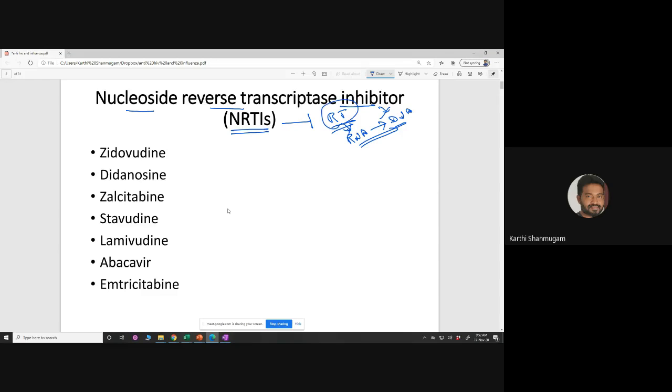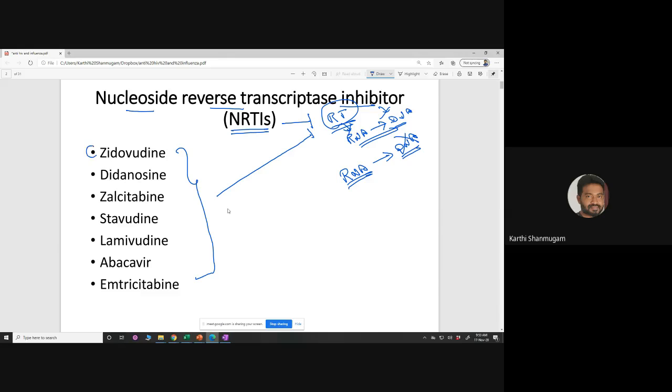So these inhibitors stop or prevent the conversion of RNA into DNA. The viral genetic material, RNA, cannot get reverse transcribed into the corresponding DNA molecule. So the molecular target for all the molecules listed here is the reverse transcriptase enzyme.